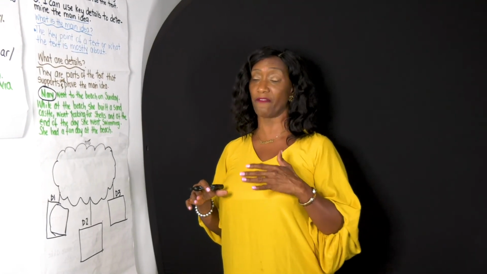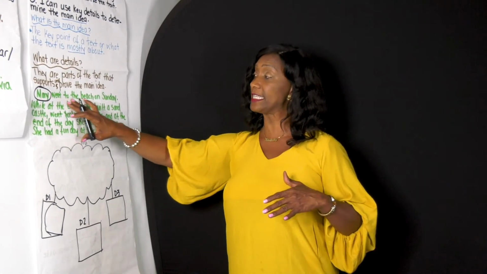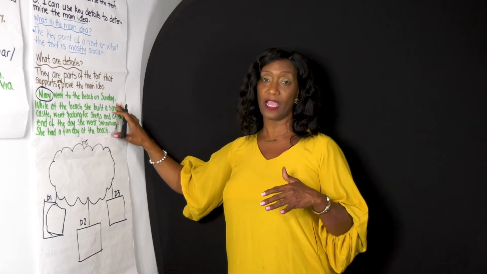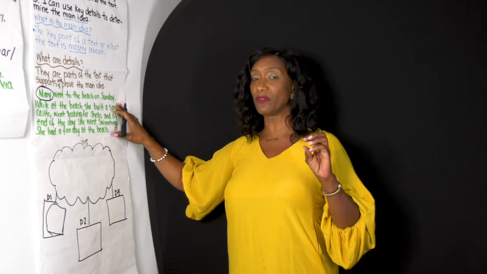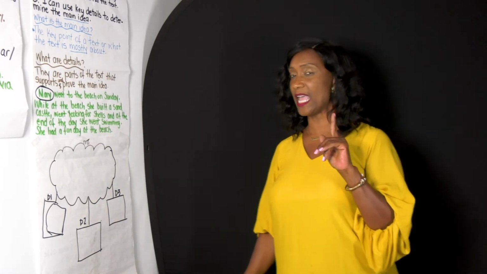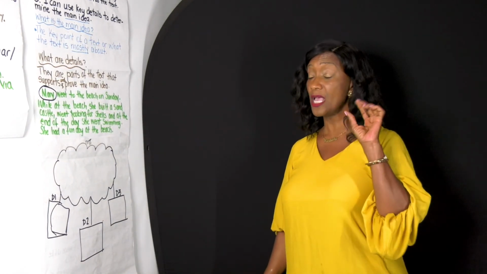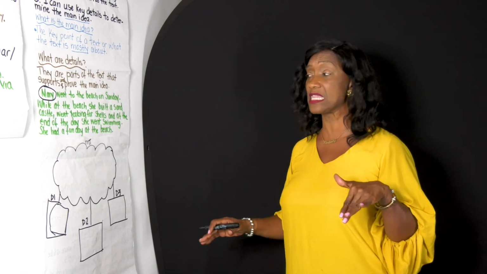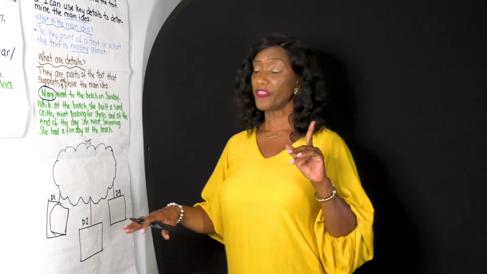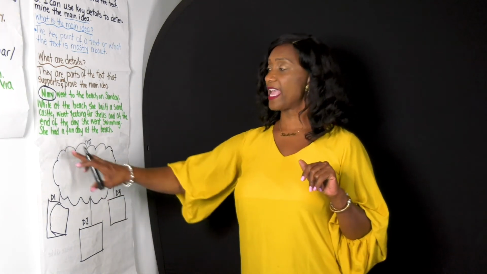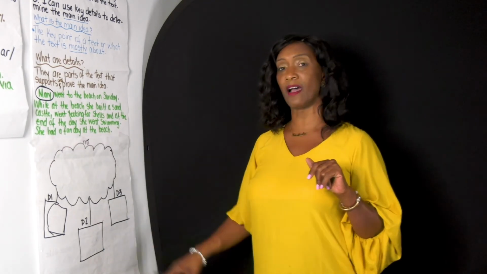It could be any paragraph because you can determine main ideas paragraph by paragraph. So you can look at the first sentence of the paragraph, and usually that's going to give you what the author is mainly talking about. Did you understand that, boys and girls? So jot these strategies down because you're going to need them. Thirdly, look at the last sentence of the paragraph.